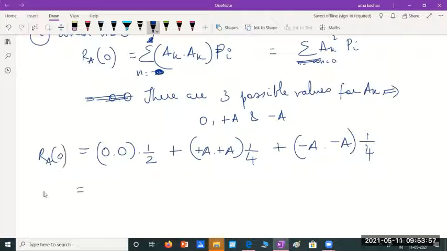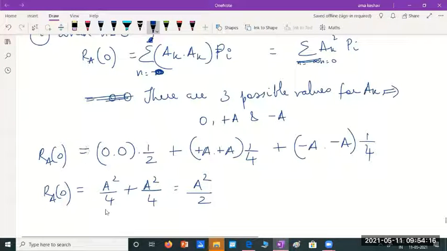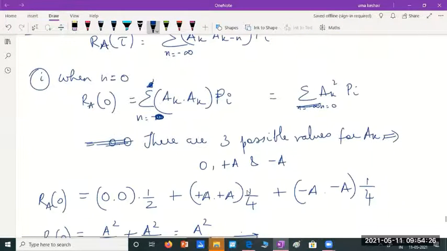Therefore, RA of 0 would be equal to what? A square by 4 plus A square by 4, which turns out to be A square by 2, right? So you will get A square by 2 for RA of 0. I'll call this equation 3.